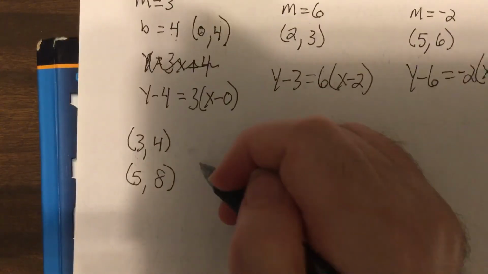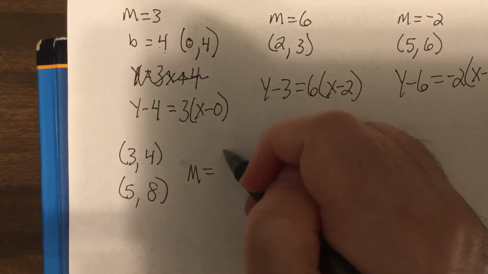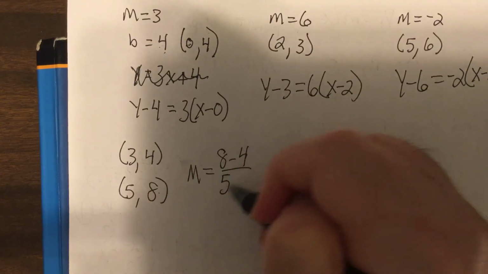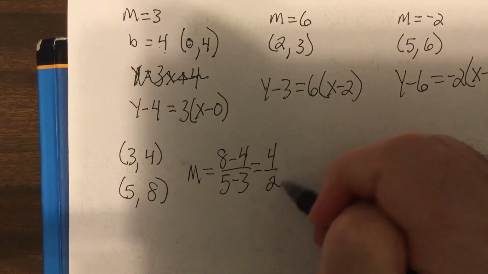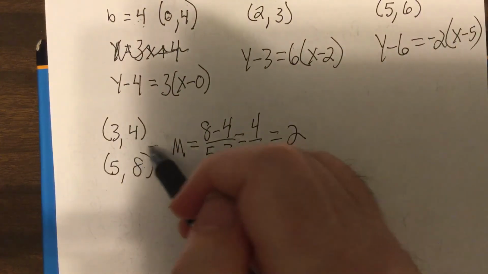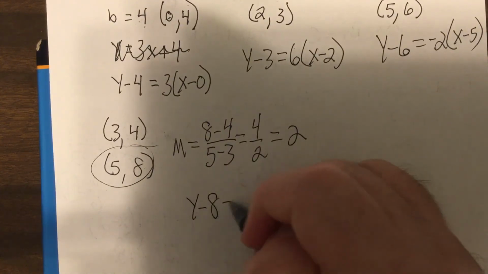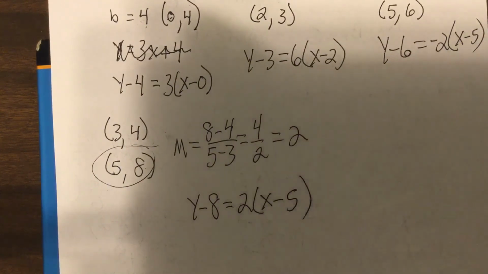Now this one we need to find the slope, so it'd be m equals 8 minus 4 over 5 minus 3, which is 4 over 2, which is 2. And I'm going to pick one of the points. How about 5, 8? So y minus 8 equals 2, x minus 5. And I'm done.